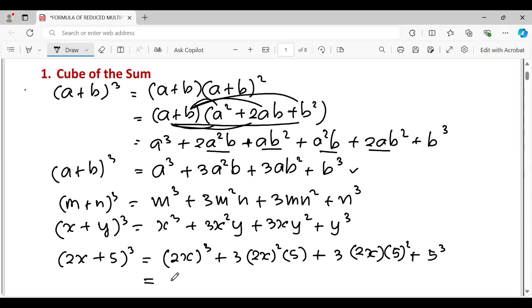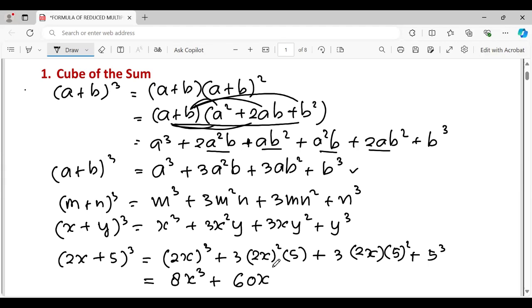So it becomes 8x cubed, 8 because 2 cubed is 8, plus 3 multiplied by 4, 4 because 2 squared, 3 multiplied by 4 multiplied by 5. 3 multiplied by 4 is 12, and 12 multiplied by 5 is 60.